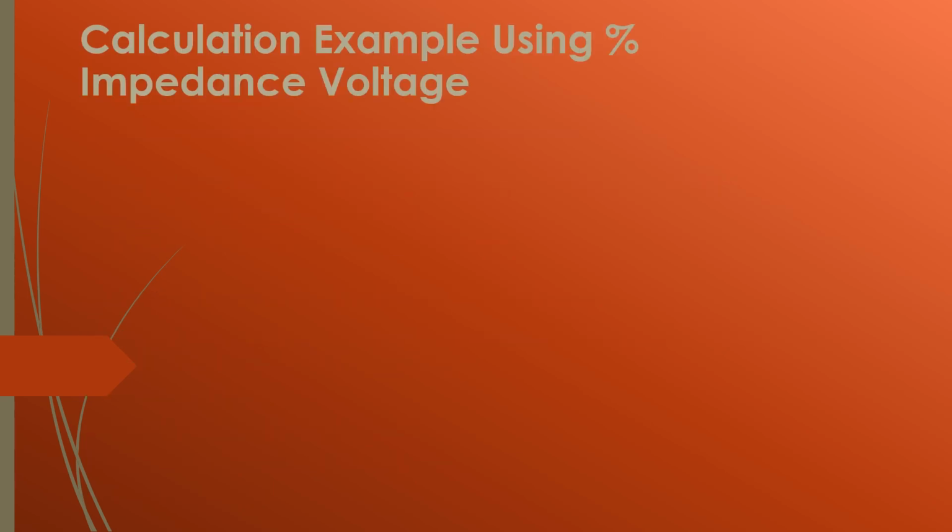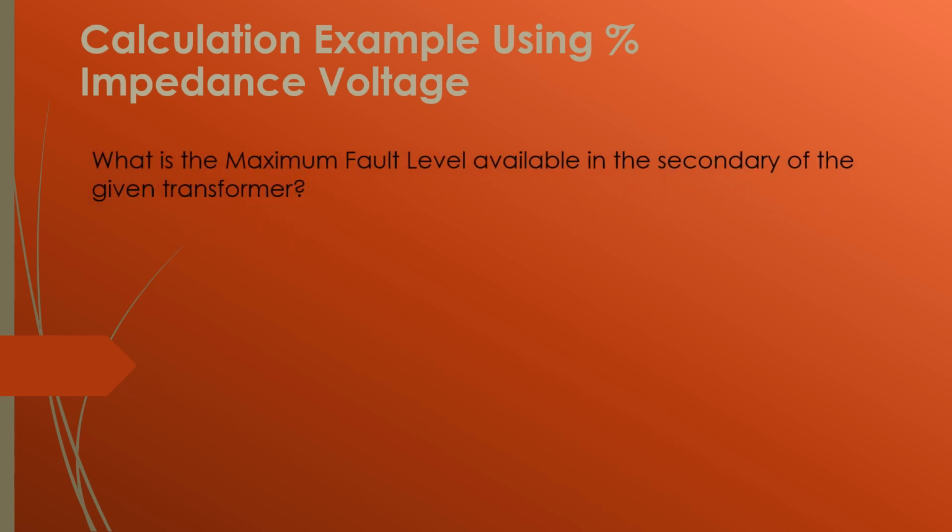So let us see a calculation example using percentage impedance voltage. Here, the question is, what is the maximum fault level available in the secondary of the given transformer? We will use the nameplate given before.